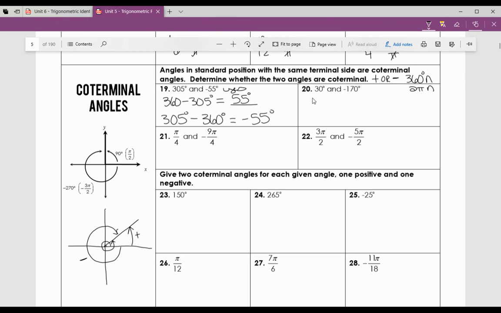All right, here, if I take 30 degrees and I add 360, I'm definitely not going to get 170. Do y'all agree? All right, so I'm going to go the other way. I'll start with the angle itself and subtract 360 from it. What does that give me?